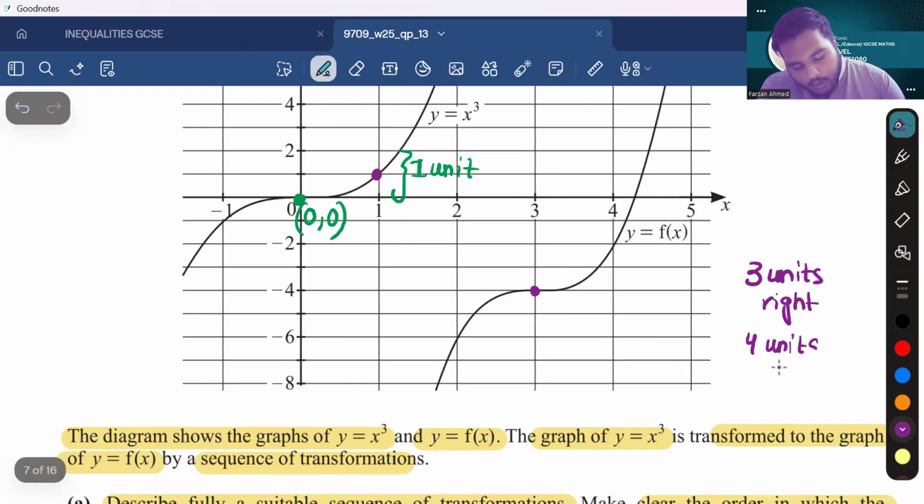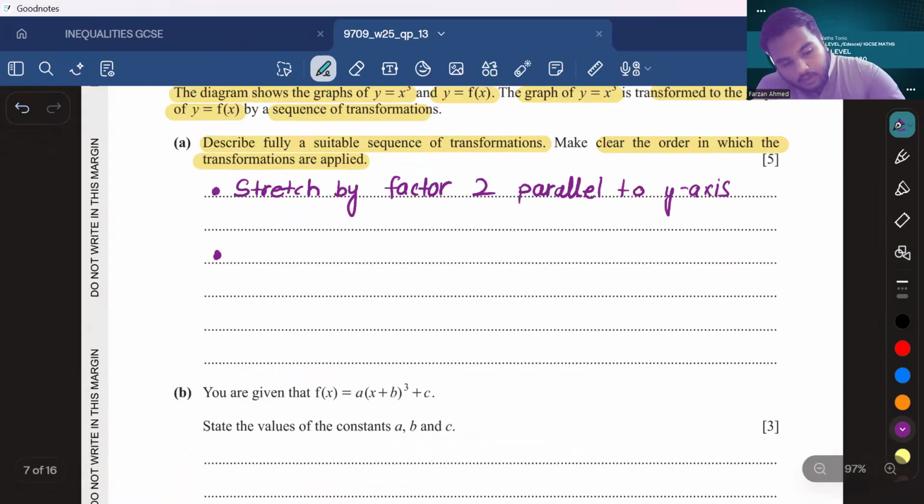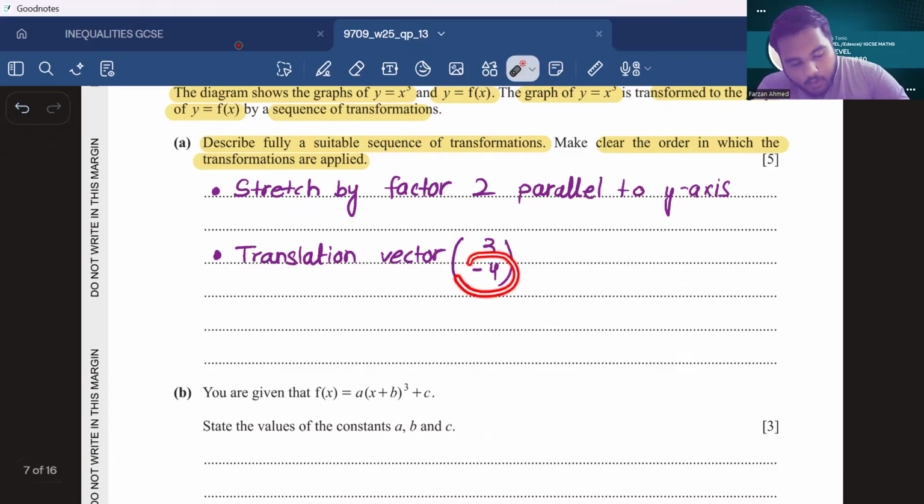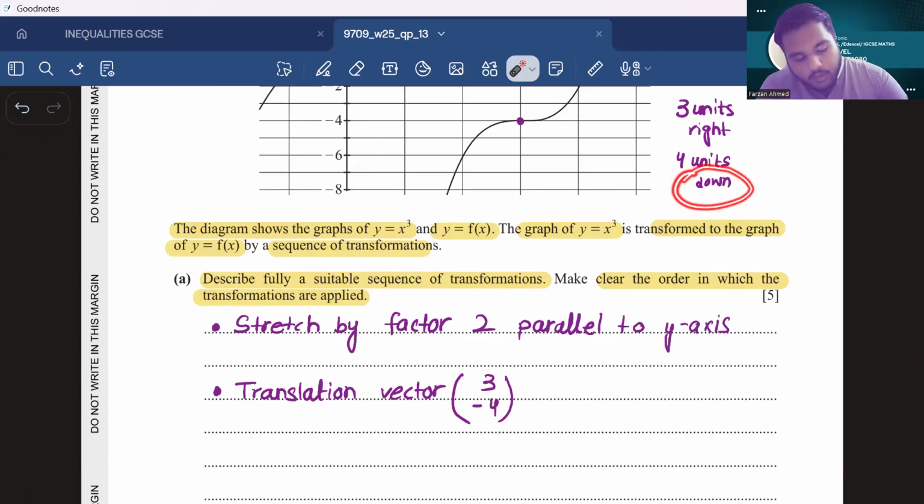So what will be the translation vector? The translation vector will be (3, -4). Why -4? Because it has gone 4 units down. That's why we will use -4.